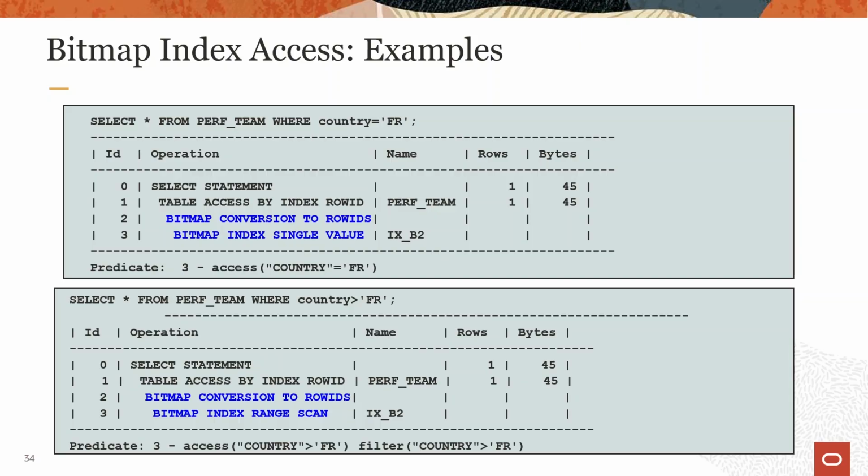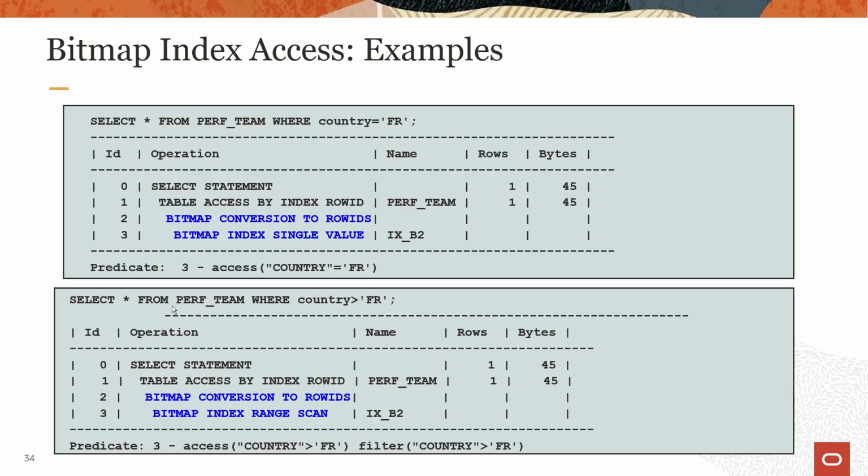It will look at which bits are set to 1, and based upon the position of that bit and the start and the end row ID, it's going to calculate the row IDs. That's the so-called bitmap conversion to row IDs. And via those row IDs, we're going to access the rows within the corresponding table.